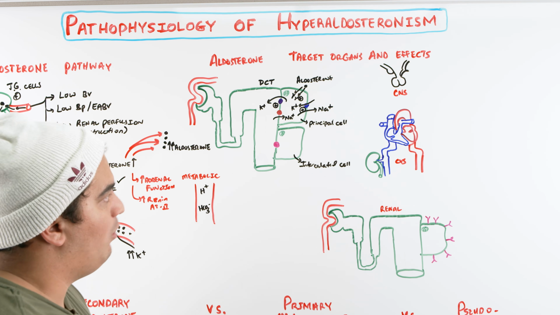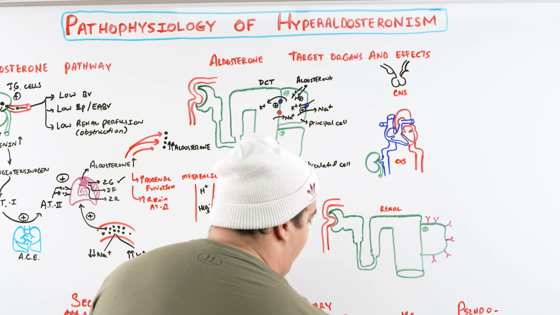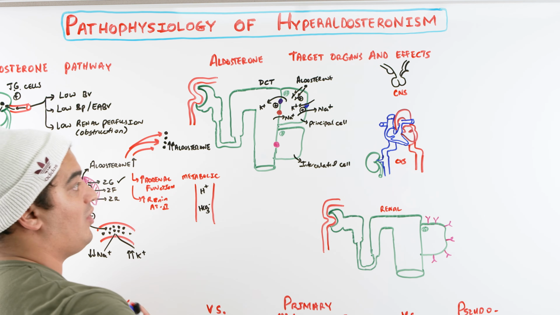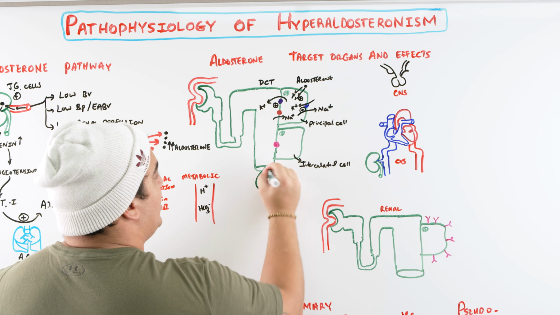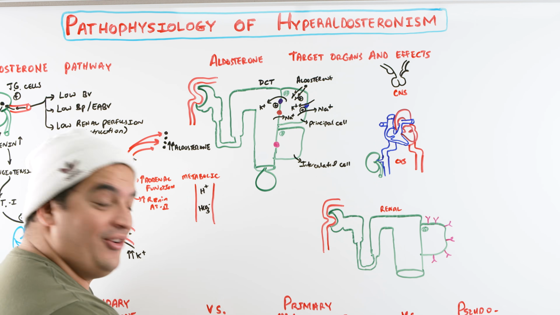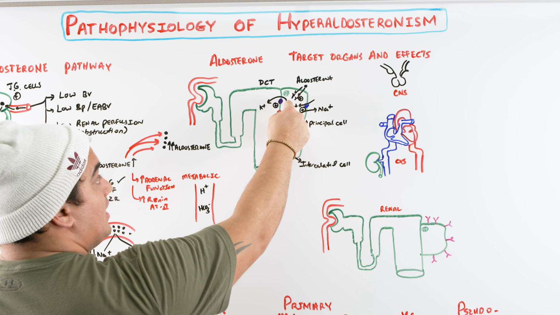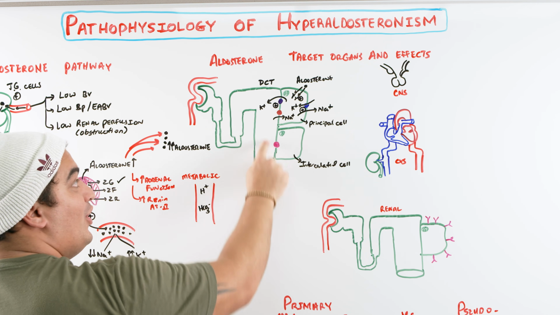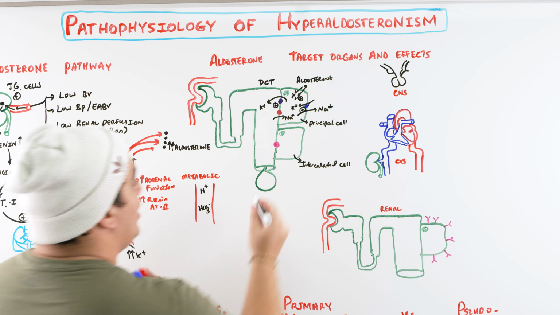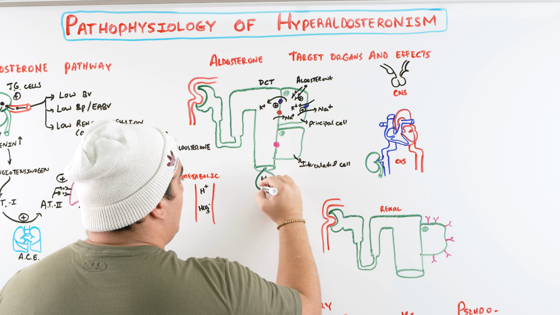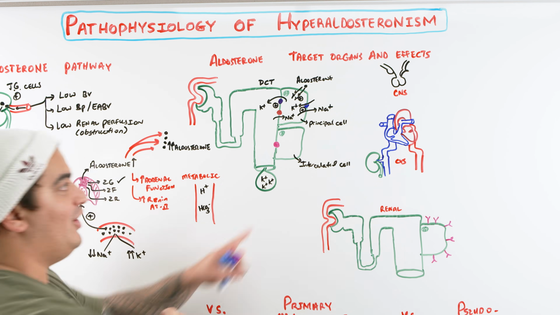So effectively, the collective effect it has on the principal cells in the distal convoluted tubule is that you will secrete potassium into the urine, right? Because it's going to push potassium into the cell and then out of the cell into the actual lumen to get peed out. So there'll be lots of potassium present in the urine.